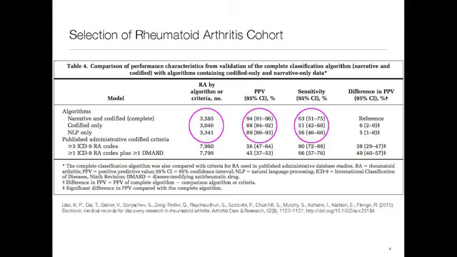And we said, well, how well could we do by, instead of looking at that codified data, looking at the narrative text in nursing notes, doctor's notes, discharge summaries, various other sources, could we do as well or better? And the answer turned out that we were getting about 89% using only the natural language processing on these notes.